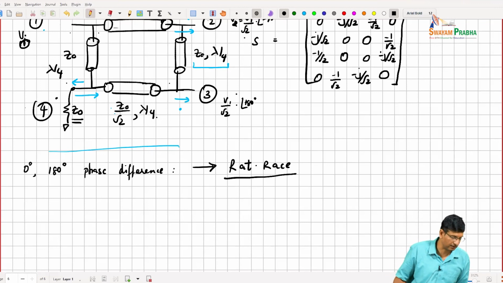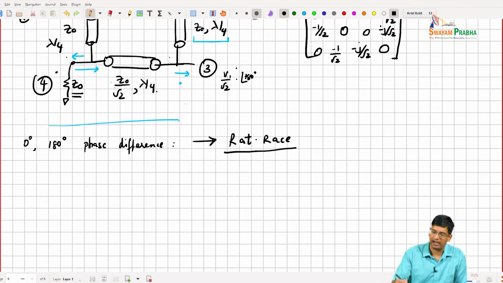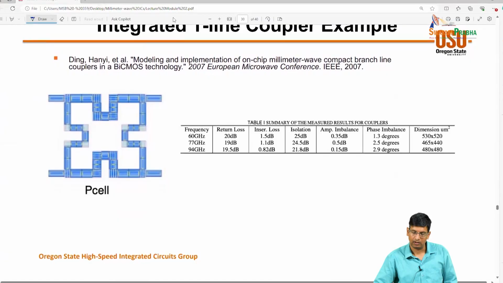So you effectively have sections that are lambda over 4 and 3 lambda over 4 long, right? And we tend to avoid integrating an implementation of this at really high frequencies.